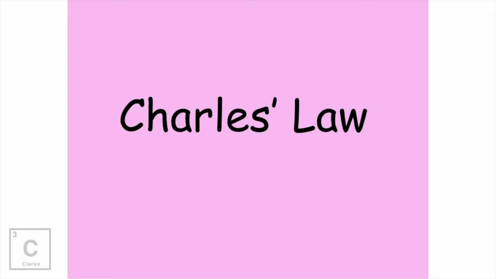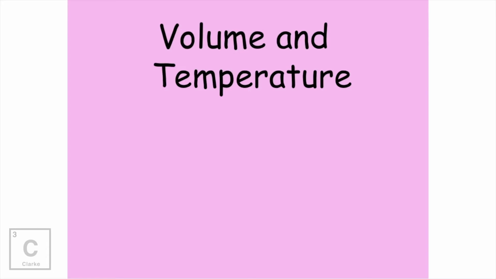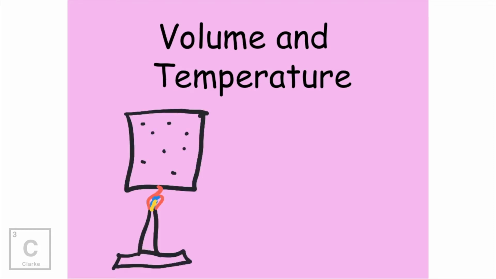Okay, so let's talk specifically about Charles's law. And Charles's law is going to relate the two variables volume and temperature. Okay, so if we have this container of gas and we put a Bunsen burner underneath it, these particles, they're moving with a certain amount of kinetic energy.